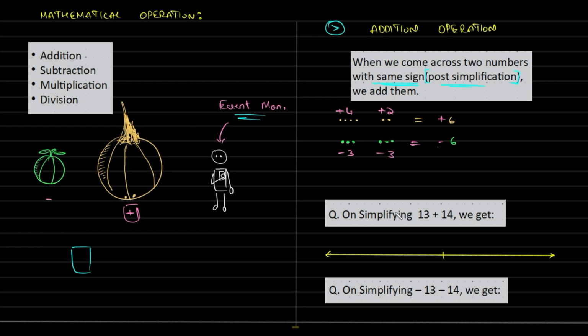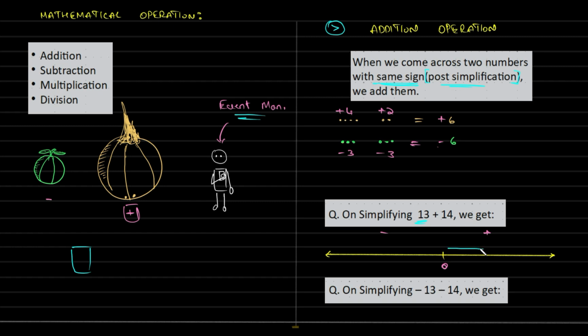We will try to understand with an example with the help of a number line. If you remember, a number line has 0, one of the ticks. To the right is your positive and to the left is your negative. So plus 13: do we have to move towards the right or towards the left on a number line?